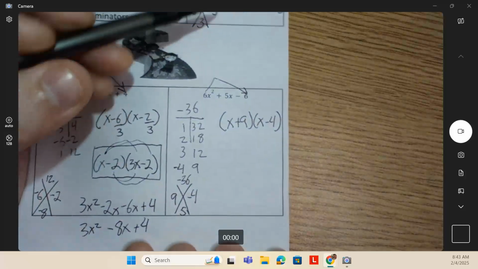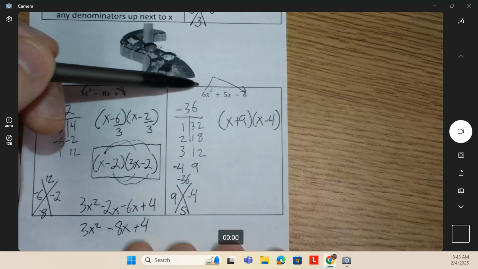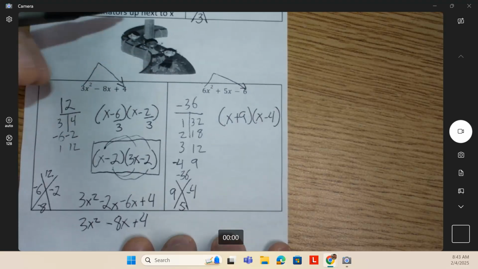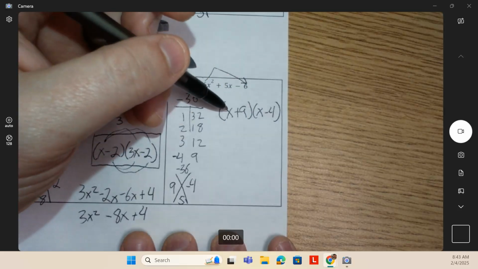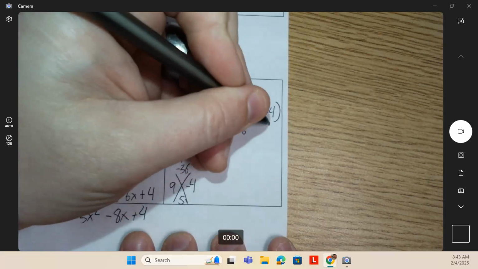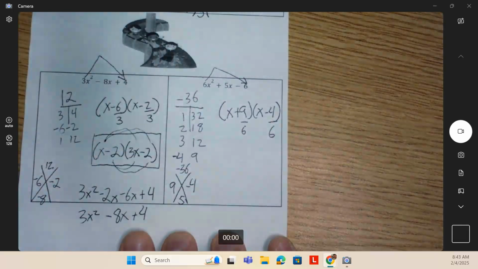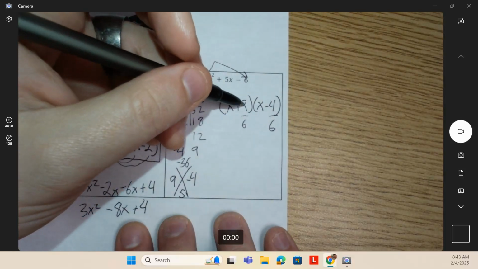Don't forget the last step, because when I multiply this out, remember I won't get that front term. And the back term won't work out either. And so I need to divide everything by 6. And so what will happen is it will simplify a little bit.